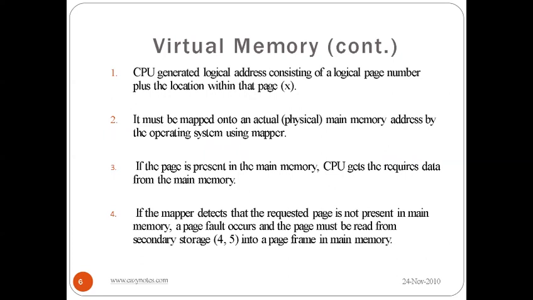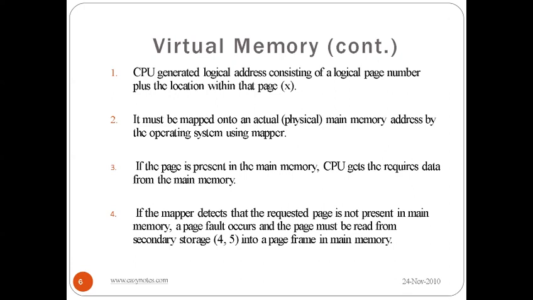Virtual memory content. The CPU generates a logical address consisting of a logical page number plus the location within the page. It must be mapped onto an actual main memory address by the operating system using a mapper.